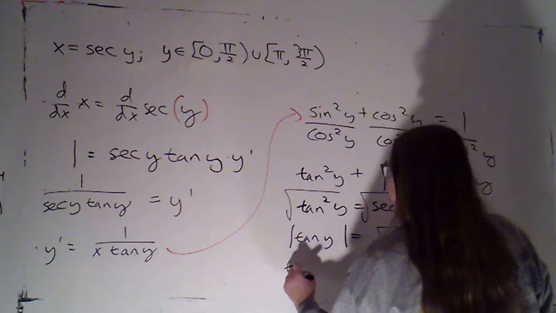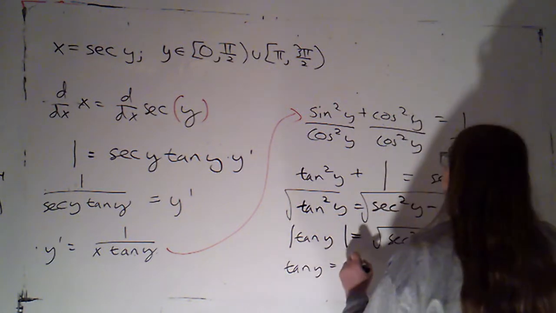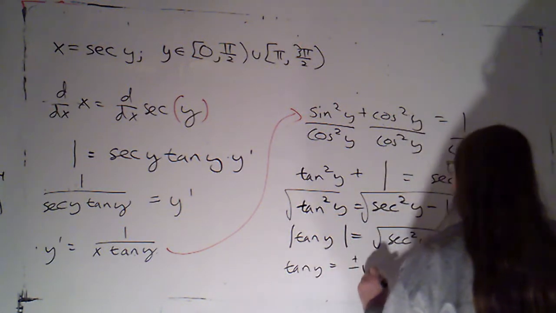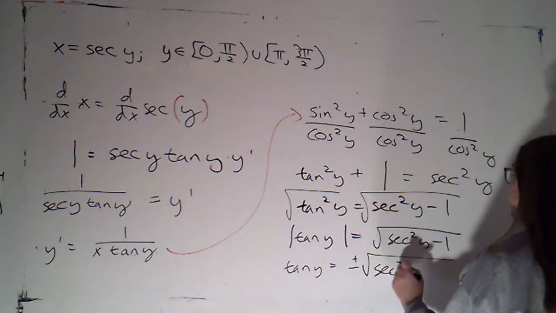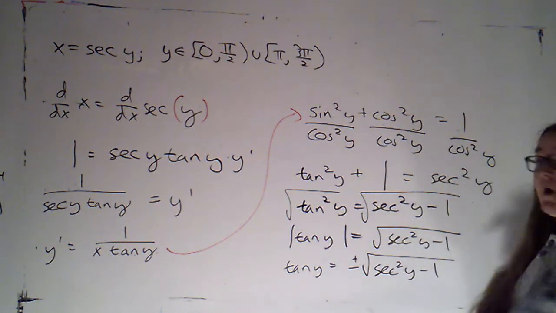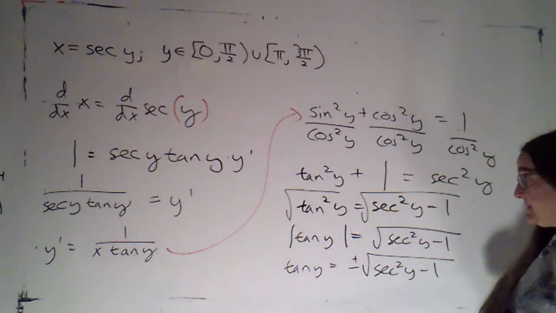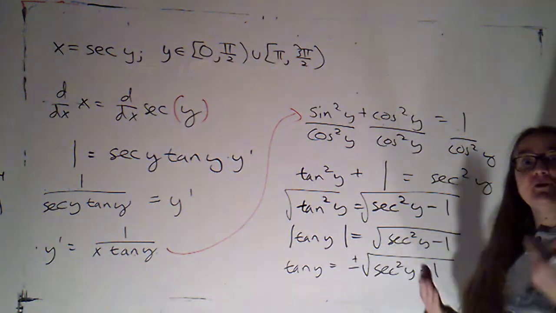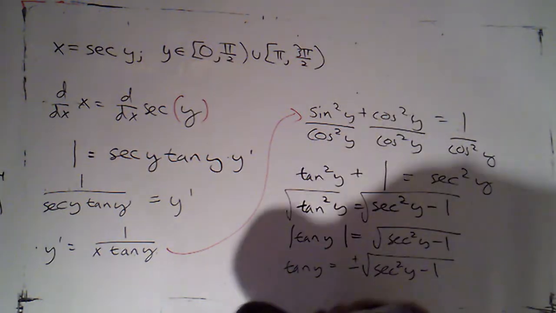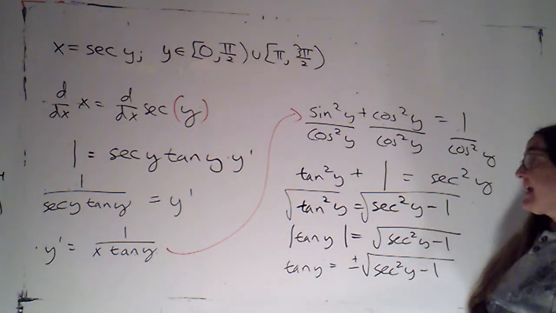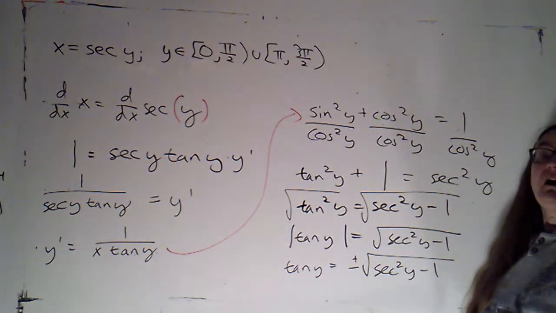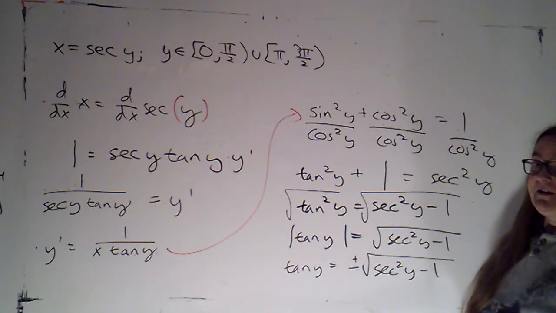And that means that tangent of y is plus or minus the square root of secant squared y minus 1. Which sign I choose depends on whether y is an angle whose tangent is positive or whose tangent is negative. And that's going to depend on which quadrant we're in.